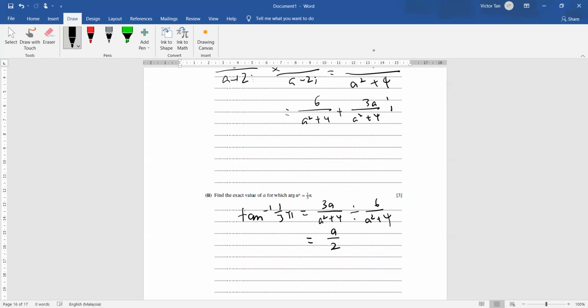Tangent of pi over 3 is root 3. So a equals 2 root 3 over 3.